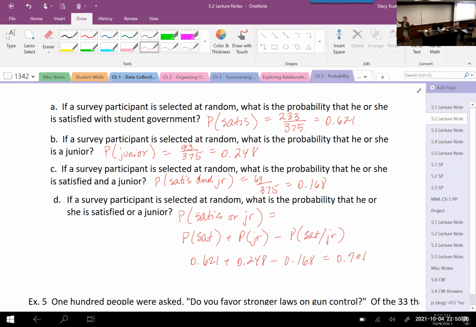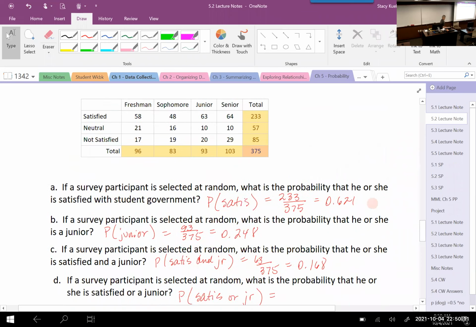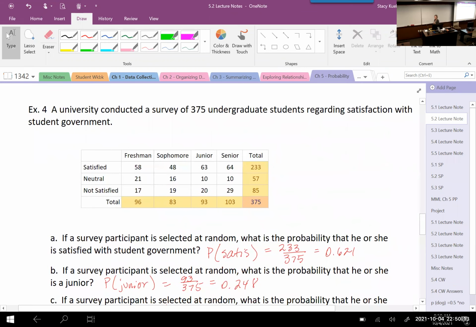It's clear from the table which columns overlap which rows, because you have a single cell that's in both a row and a column. So it's an easy way for us to understand intersections mathematically. Okay, questions on that?